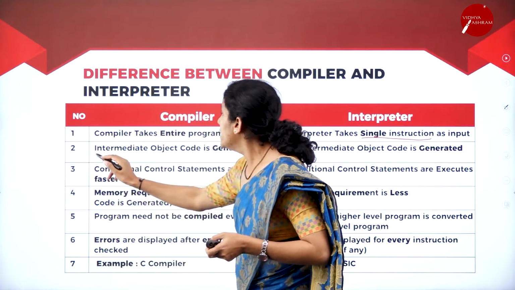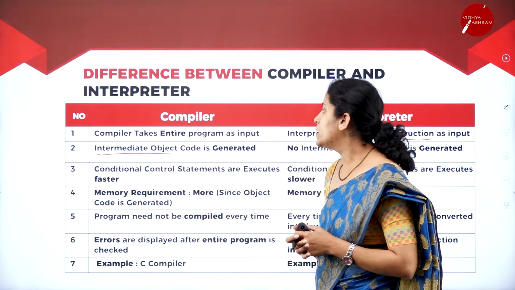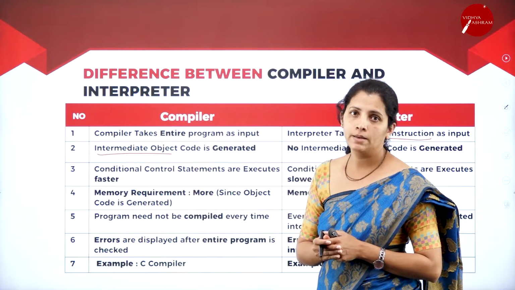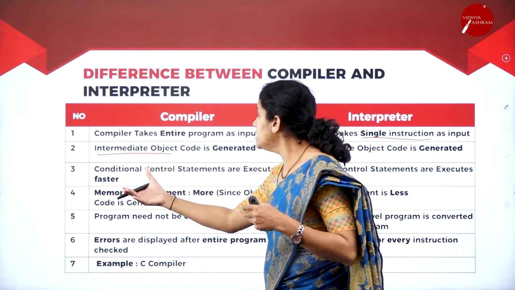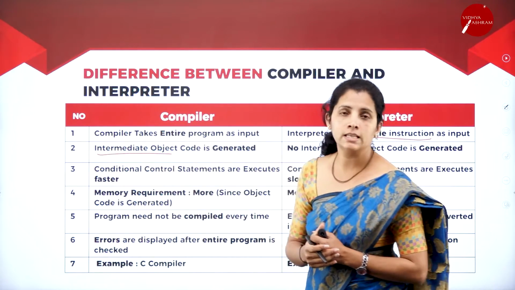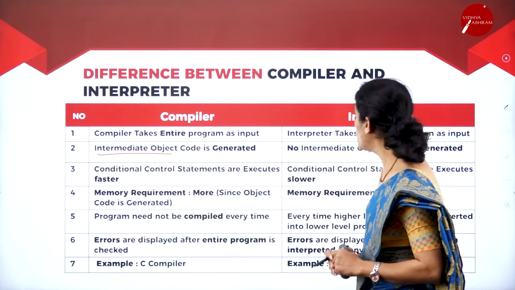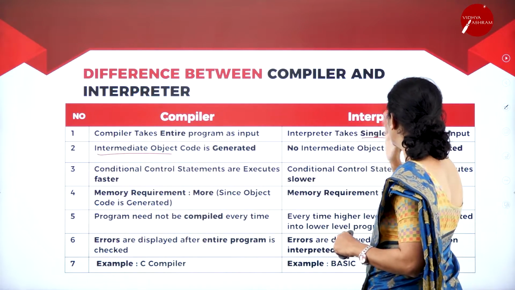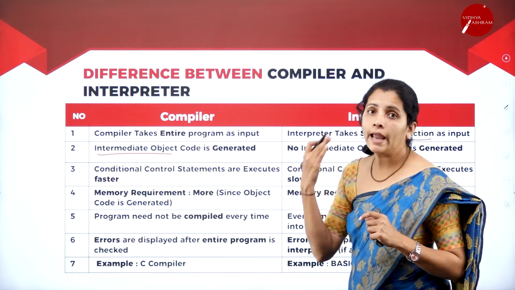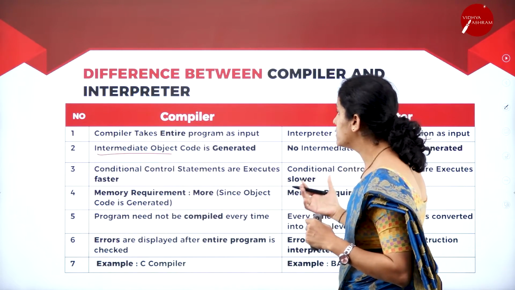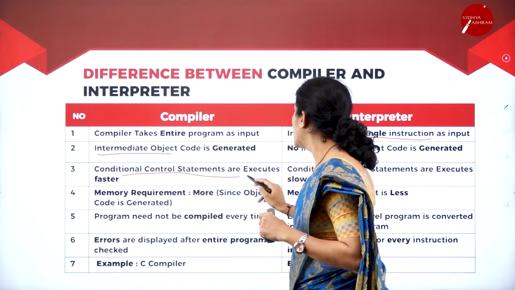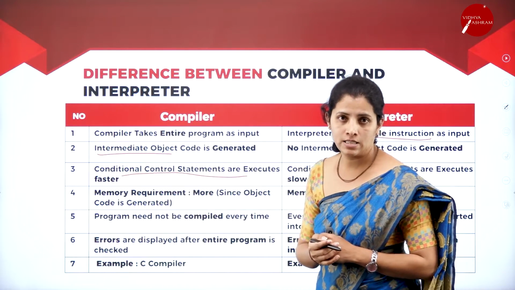Then an intermediate object code is generated. That means after compilation, we get the intermediate object code, which is nothing but the machine code. And if I consider the interpreter, I don't get any intermediate object code.